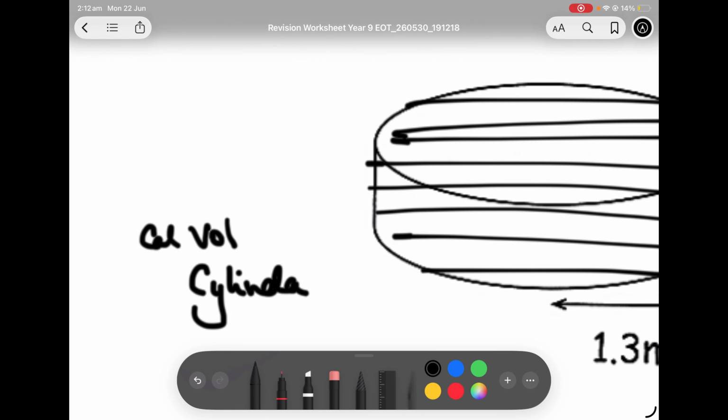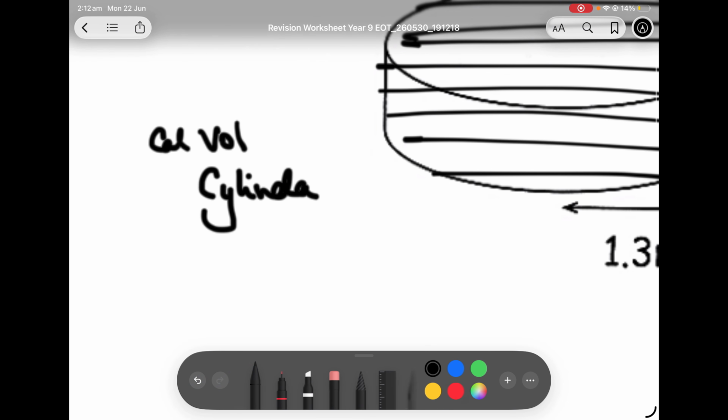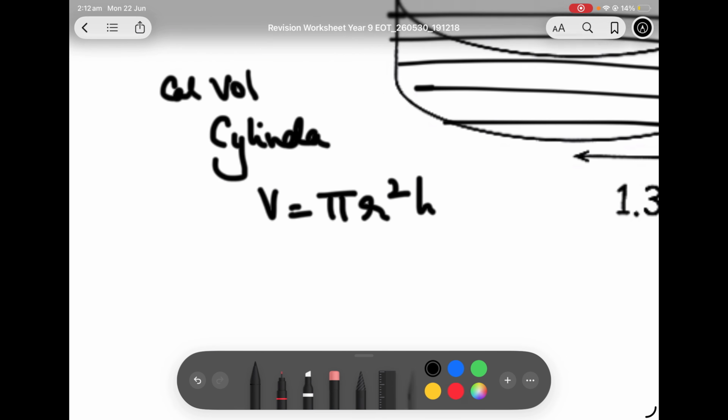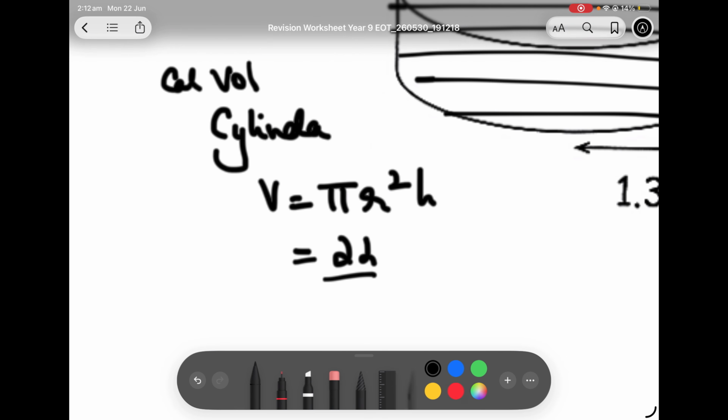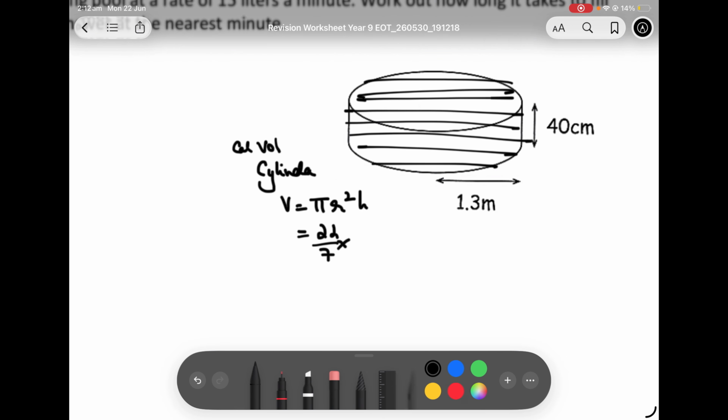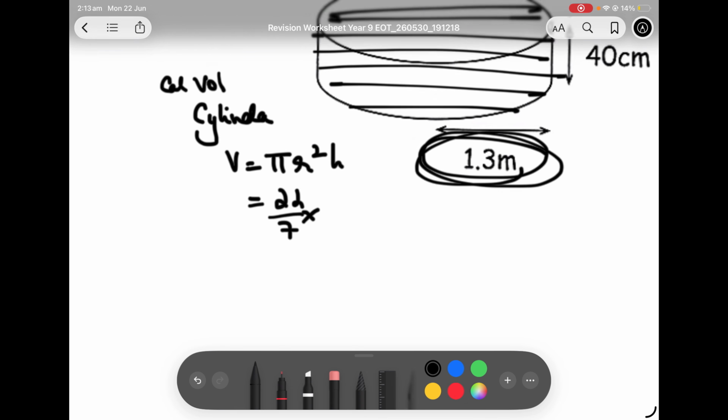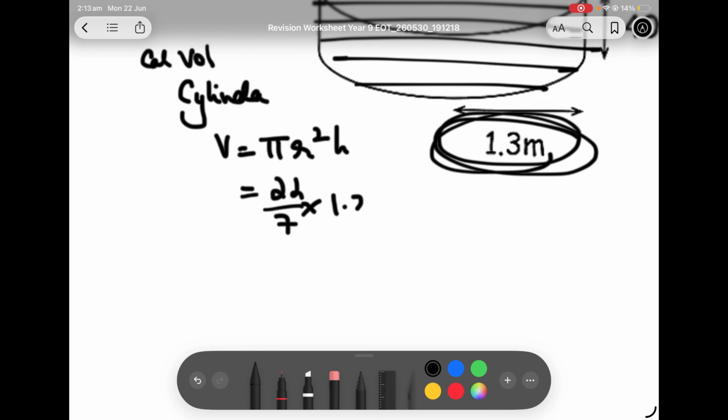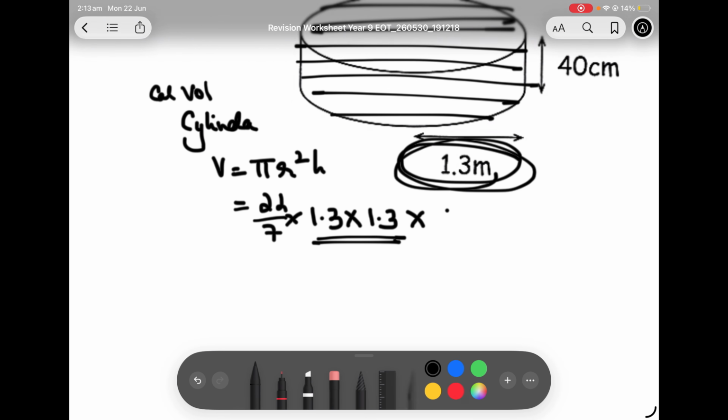So the formula for the volume of a cylinder is pi r square h. So pi is 22 by 7, r value is 1.3, and this is a square, so you do 1.3 into 1.3. This becomes r square, and the height is given as 40.